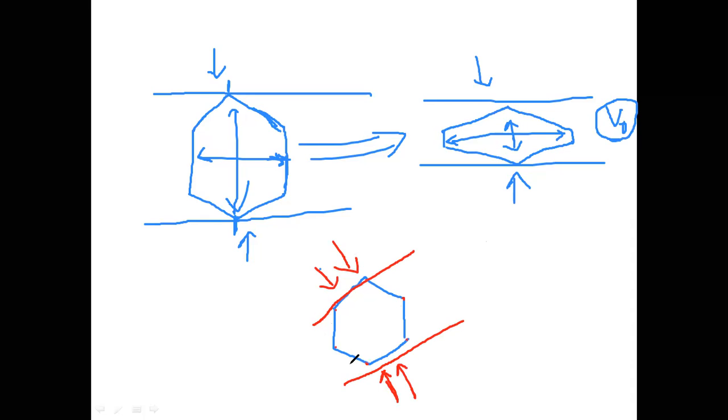Why? Because it has a larger surface. This larger surface will take the input evenly, so that the deformation will be very high. So the crystal will deform like this.